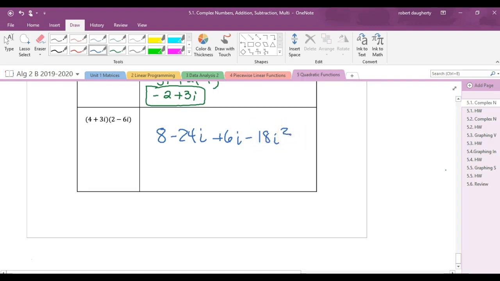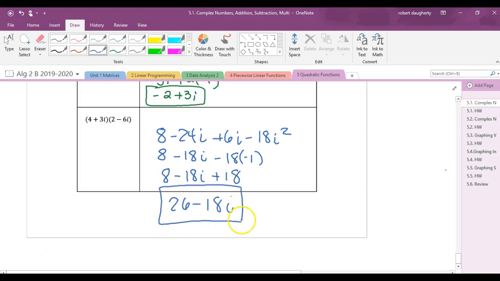Okay, so this gives me 8. What's -24i plus 6i? So that's -18i. And then minus 18 times what? Times -1. So this is 8 minus 18i plus 18. What's 8 plus 18? 26. This is 26 minus 18i. Okay, pretty good with that.